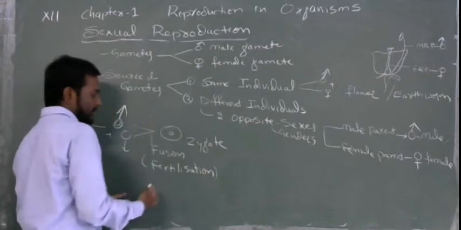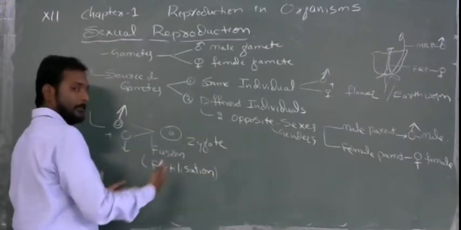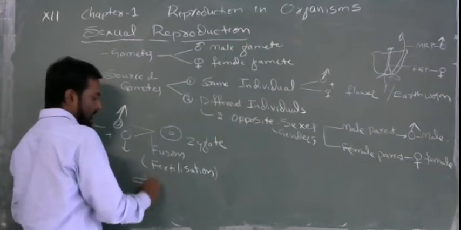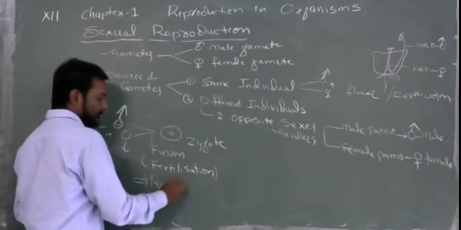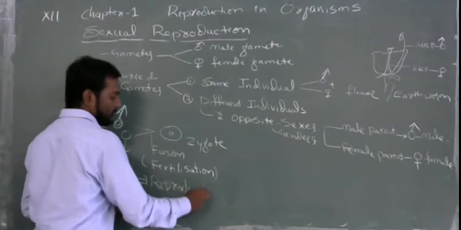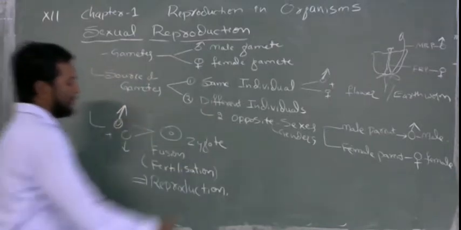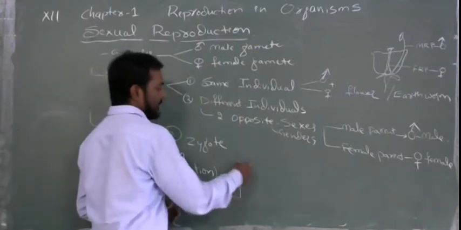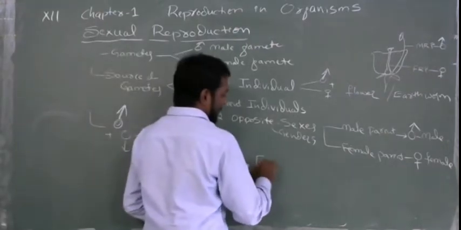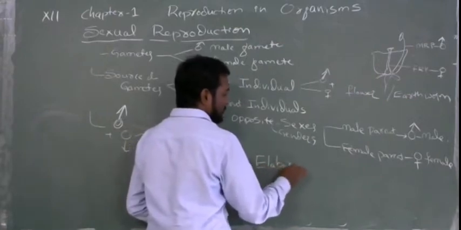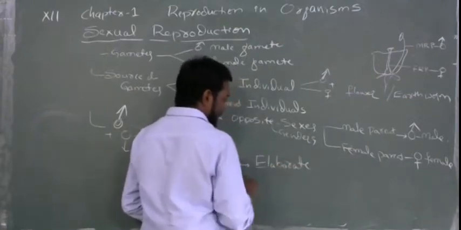This fertilization or zygote formation or syngamy is possible in the process of reproduction. And this reproduction is not easy, it is elaborate and very complex.